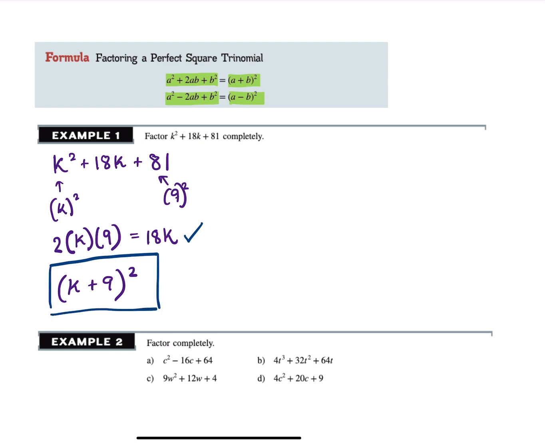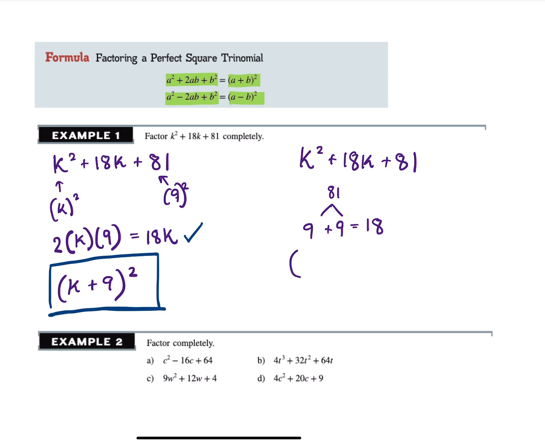So it's a bit of a shortcut. We could still factor this as we've done previously. And I'll do that over here just to show. If we have k squared plus 18k plus 81. Previously we looked at factors of 81, so two things that multiply to 81 that will add up to the middle term of 18. And after playing around, you should get 9 and 9. 9 times 9 is 81, 9 plus 9 is 18.